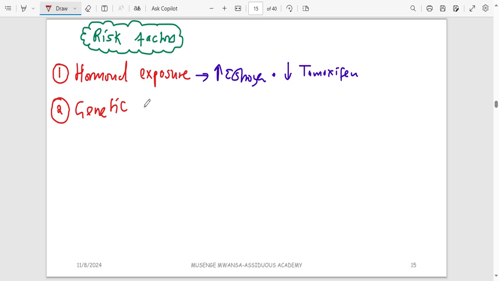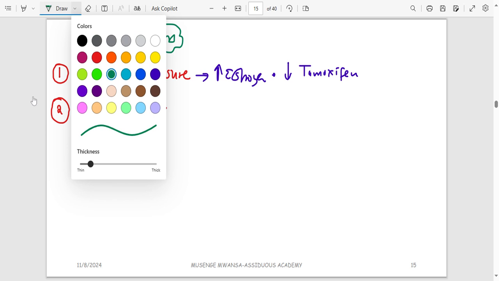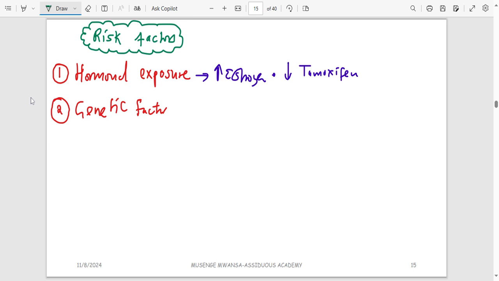So genetic predisposition, right? Genetic predisposition. So you have a lot of genes actually that are going to be associated with the cancer if they undergo a mutation. Majority, 80 to 90% of those cases are going to be two genes. We call them breast cancer genes, breast cancer gene 1 and 2.